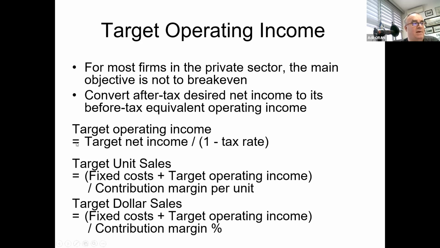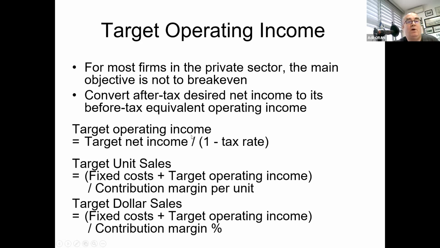So if your target net income is, say, $1,000, divide that by 1 minus the tax rate you're going to have to pay. This grosses up, adds the taxes you have to pay, and it creates your target operating income.